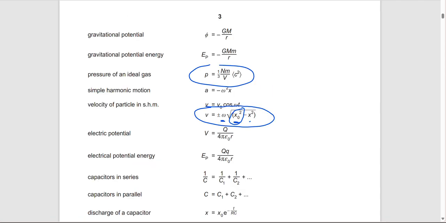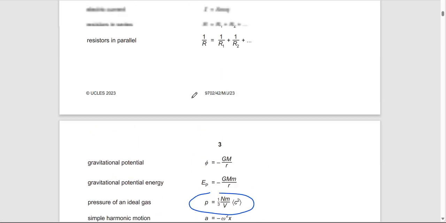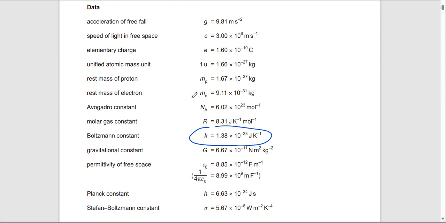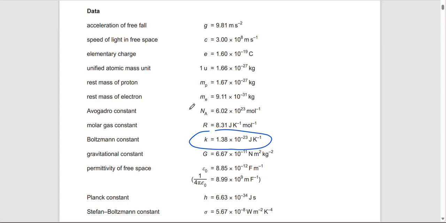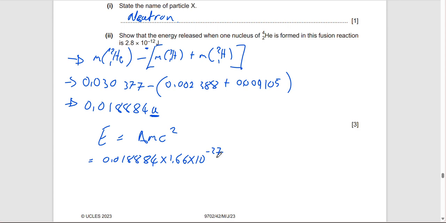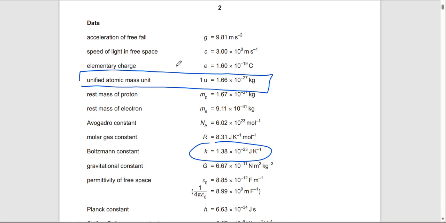So if you go to the data booklet, you'll be able to see that value for U, unified atomic mass unit. There it is, 1.66 by 10 to the negative 27. Right. So we multiply that change in our mass by our speed of light, 3 by 10 to the 8, squared. Speed of light is given here.